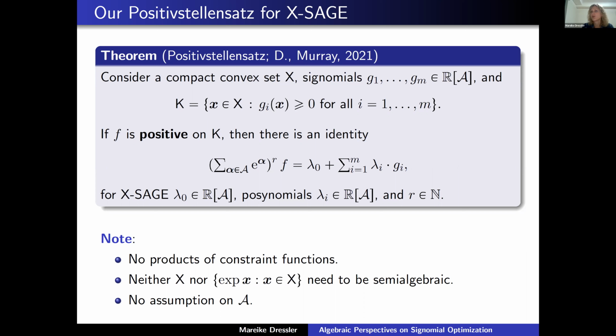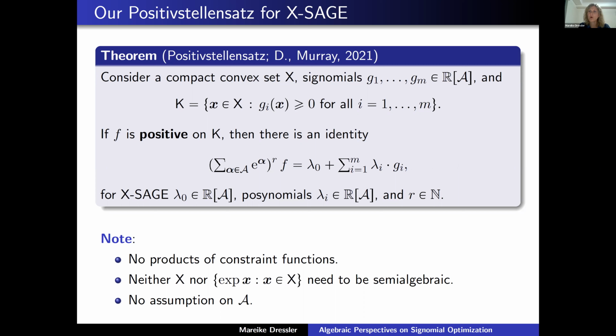And we also have no regularity conditions, which you might have heard of, like Archimedeanity or convexity or something like this on K. So this is really the first Positivstellensatz that permits possibly irrational exponents and leverages conditional Sage in the presence of non-convex constraints.